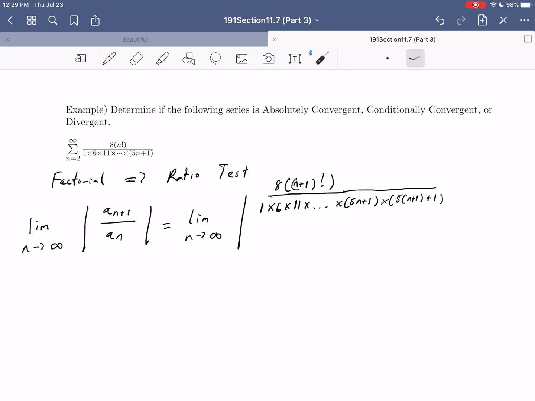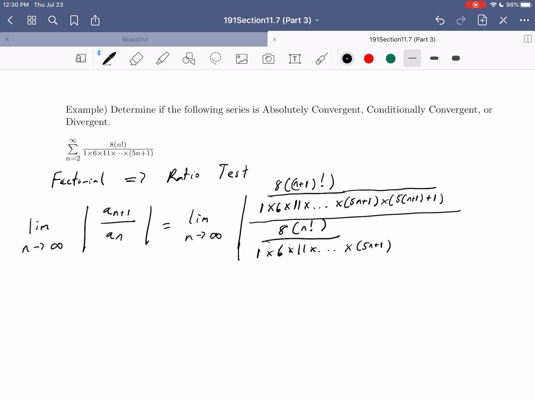So it has everything that was there for the nth term, and then it has the n plus 1 part. Then in the denominator, the a sub n would be 8 times n factorial, divided by 1 times 6 times 11 times ... times 5n plus 1.